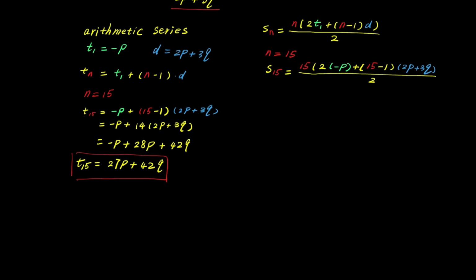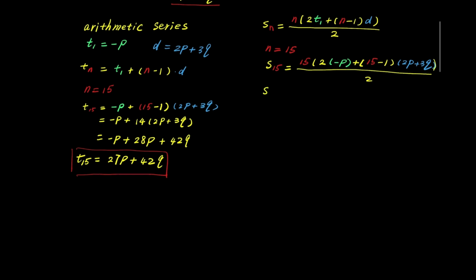Okay, we need to simplify this expression. S15 equals 15 times (2 times minus p is minus 2p, plus 15 minus 1 is 14 times (2p plus 3q)), divided by 2. Now let's try to remove this small bracket here.